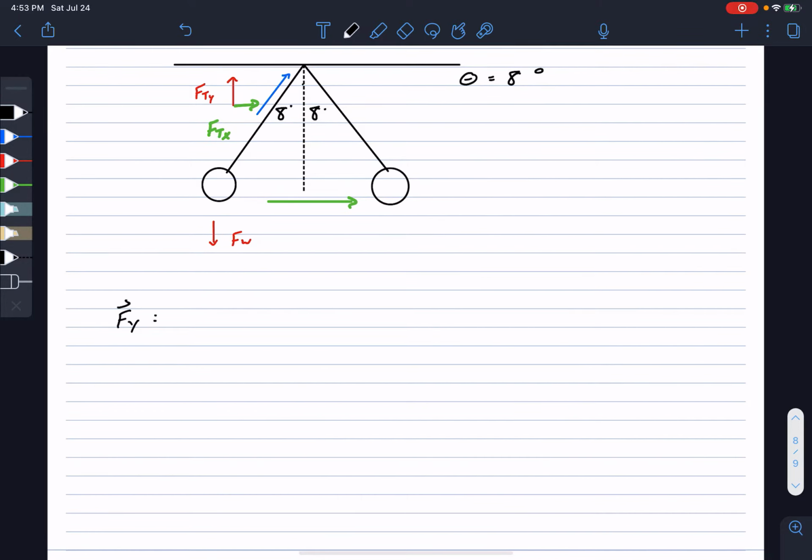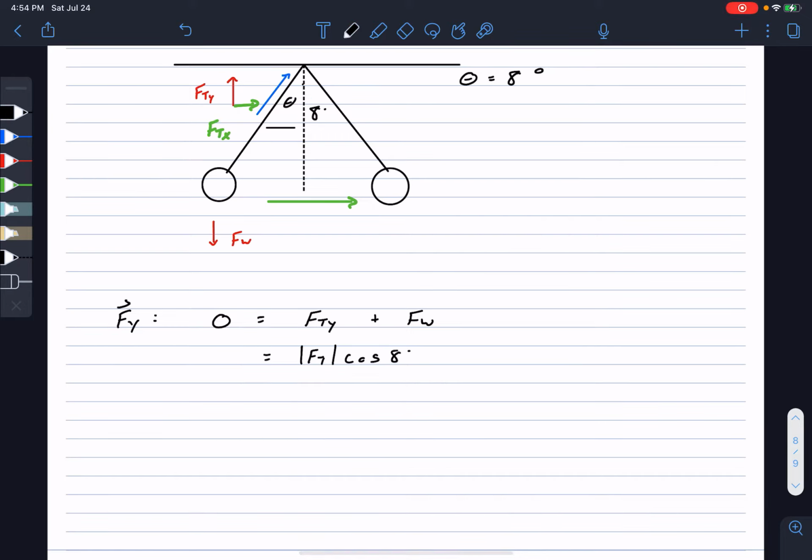So okay, let's do the y direction. So F in the y direction. We're saying these are stationary. They're in equilibrium. This is going to equal 0. Now we have F_Ty plus the weight force is equal to 0. So what is that going to be? Since our angle is over this way, it's the magnitude of the tension force times cosine of the angle, because it's pulling upwards, right?